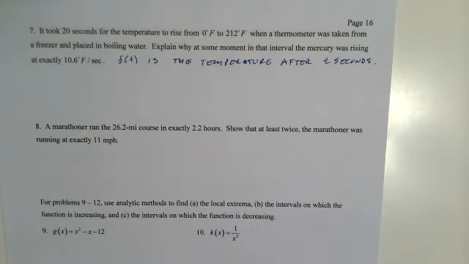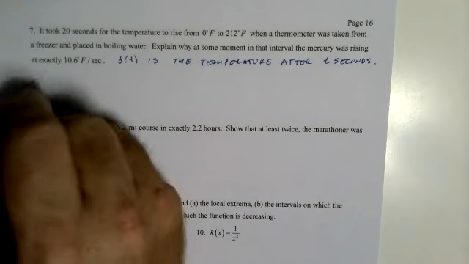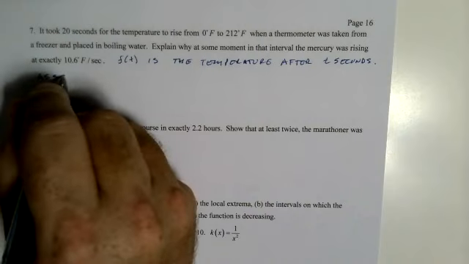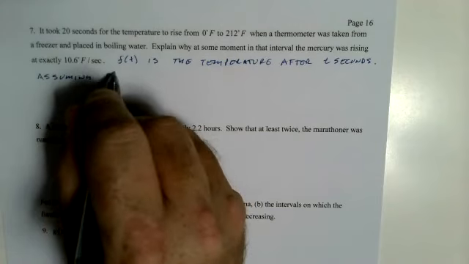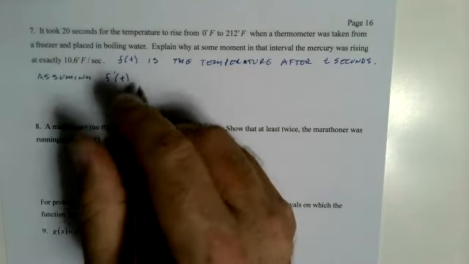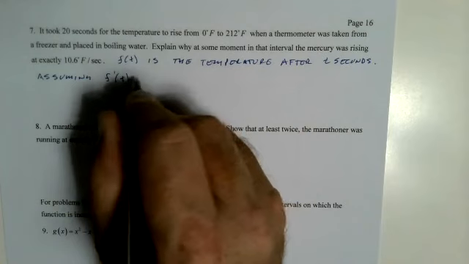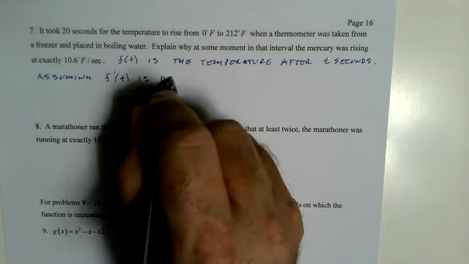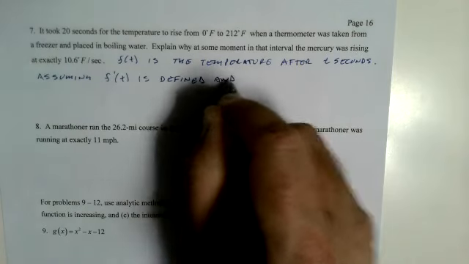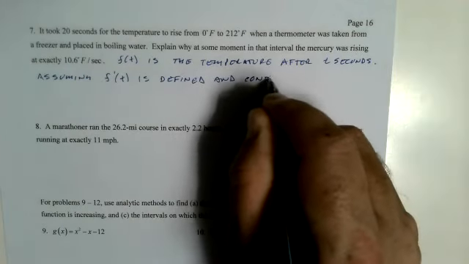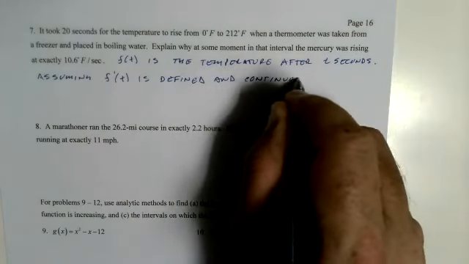By the way, I'm overdoing it. You can write this any way you want. Assuming F prime of T is defined and continuous, so basically we're going towards MVT territory here.